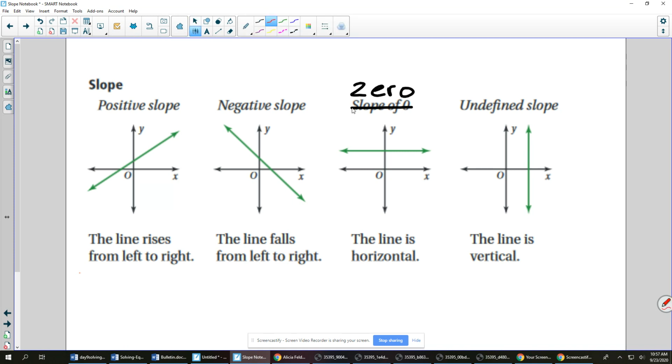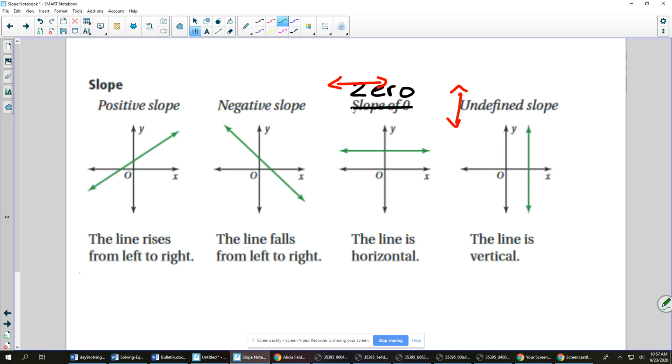So one way that I really like to remember this is if I have a horizontal graph, I can remember that there is a horizontal line in 0. So that kind of helps me there. It's just a little shortcut. And in undefined, there is a vertical line in that first letter of undefined, which would give me that.